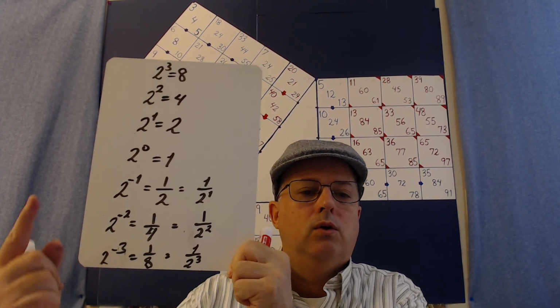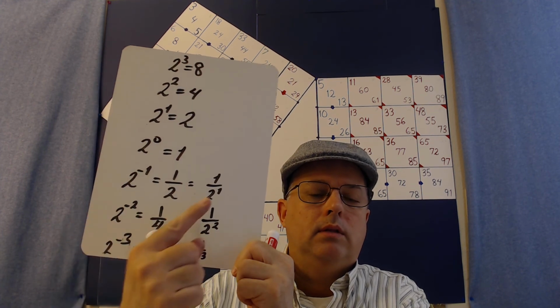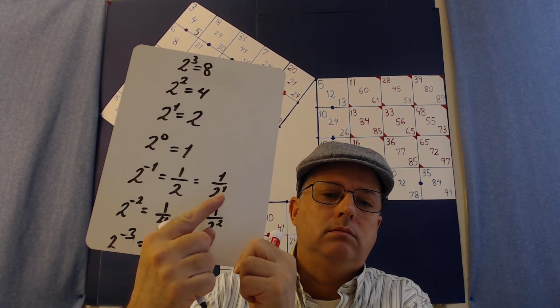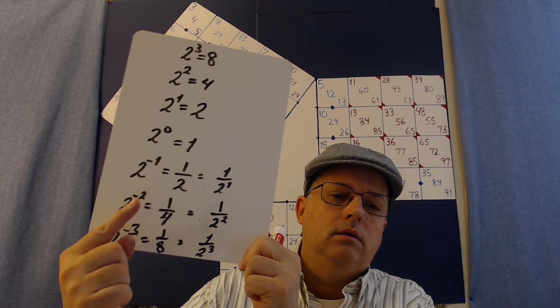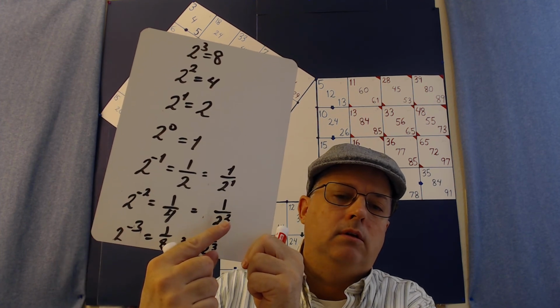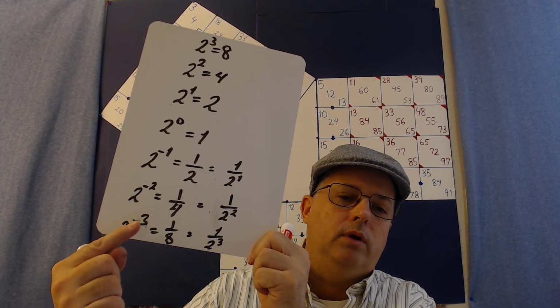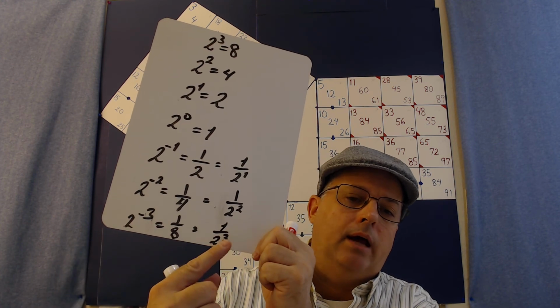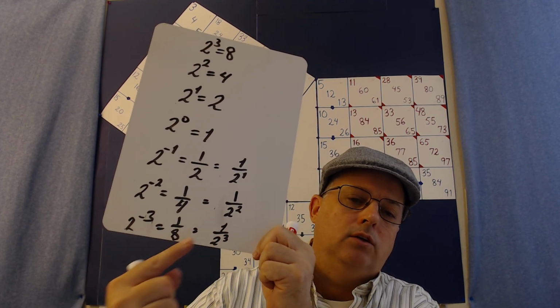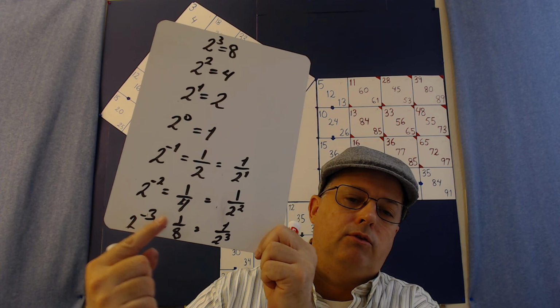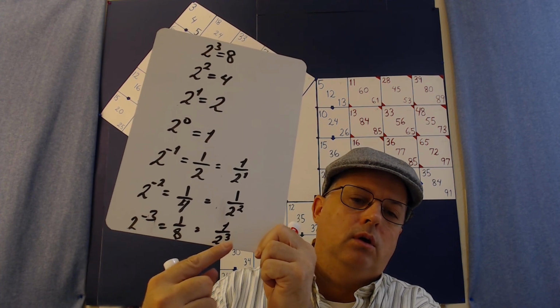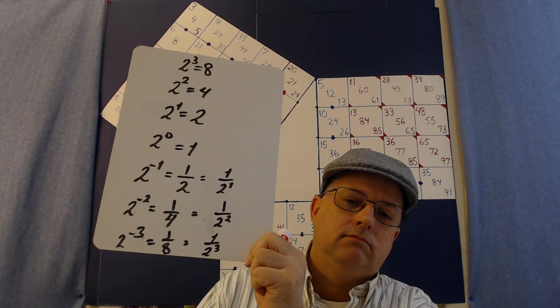Okay? So when we have a negative exponent, that means it just drops down. Negative exponent, it drops down to the denominator. Negative 3 as the exponent drops down to the denominator. And so 2 to the negative 3 is 1 over 2 to the third, which is an eighth. That's how it works. Good stuff.